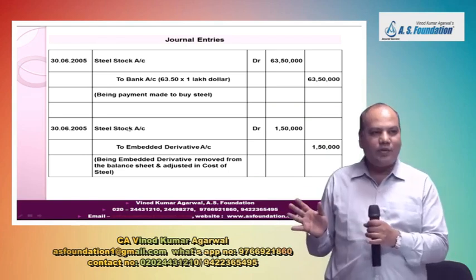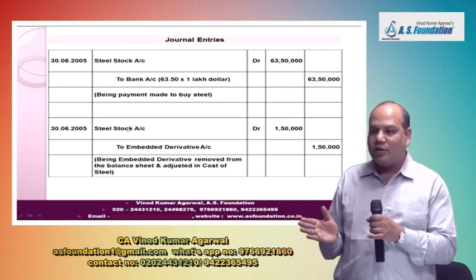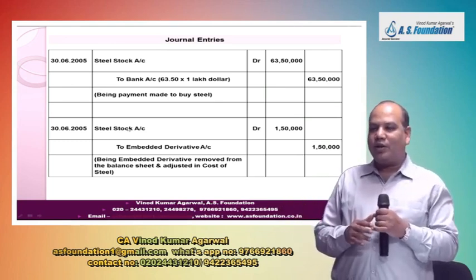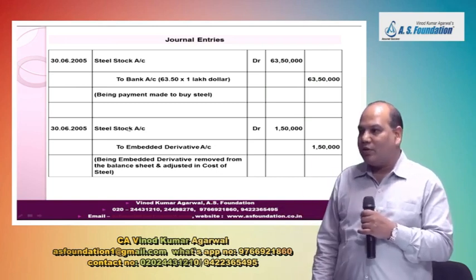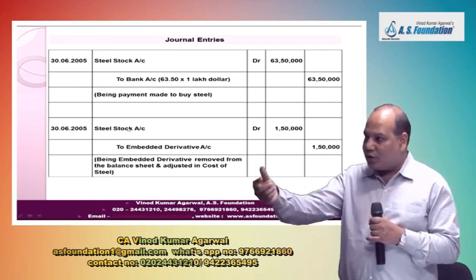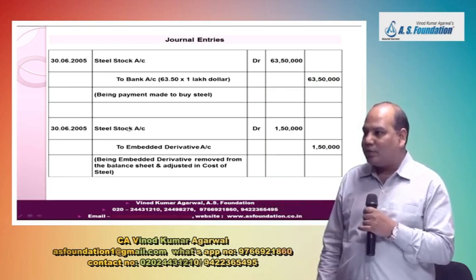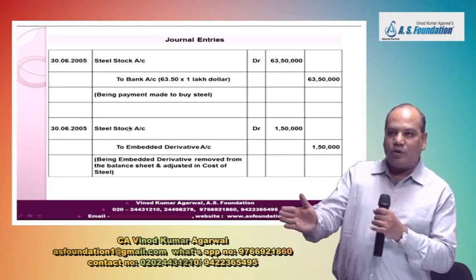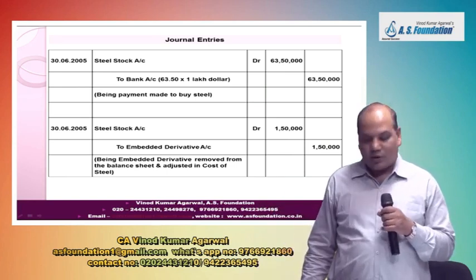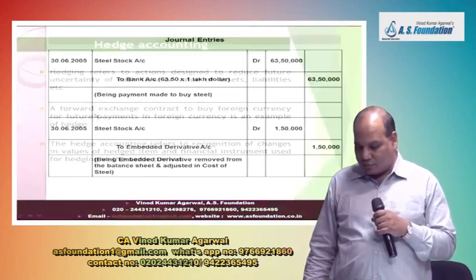That is why they have said you account for a derivative like a derivative, and then the derivative account will be closed by adjusting it against the cost of the steel, because the change in fair value has already been recognized in profit and loss account. So now that derivative account will be adjusted against the carrying amount of that steel stock.